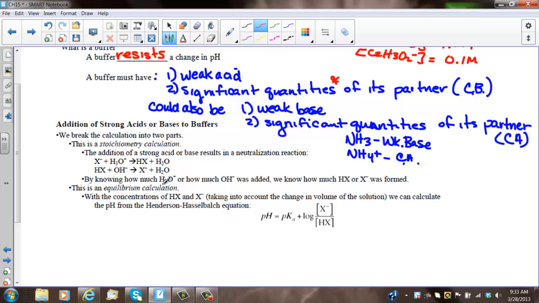By knowing how much acid or how much base was added, we know how much the acid or the anion was formed. It's an equilibrium concentration. With the concentrations of the acid and the base, taking into account the change in volume of the solution, we can calculate the pH from the Henderson-Hasselbalch equation. You don't have to write this now, this is an equation that we're going to be using.